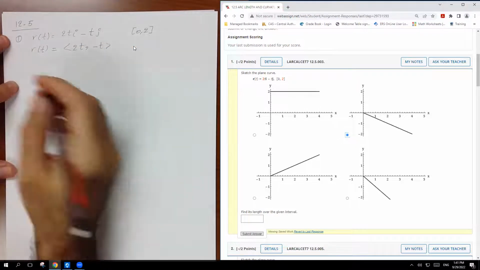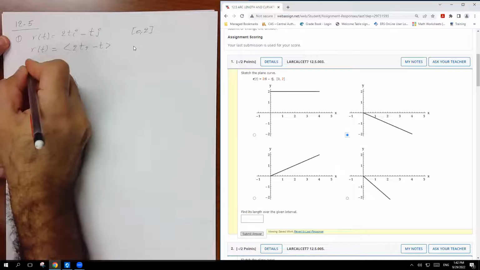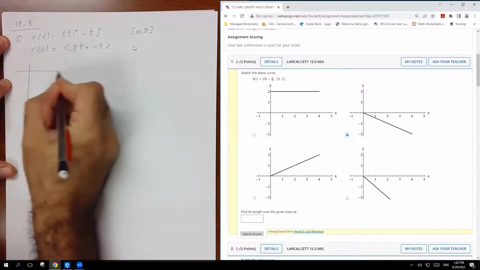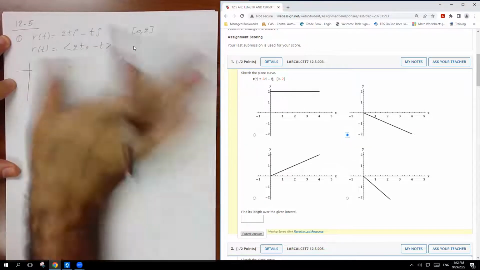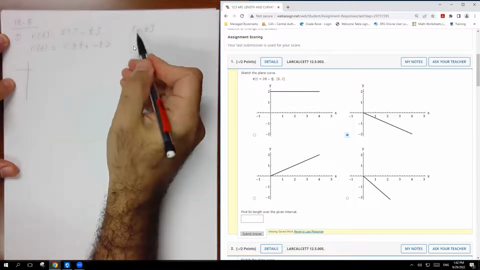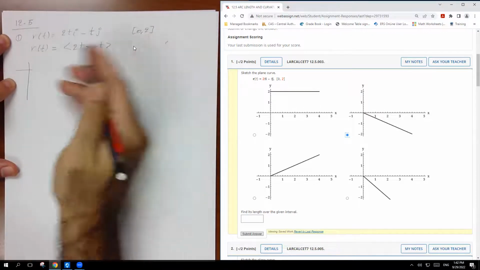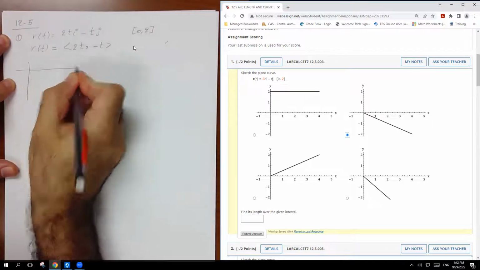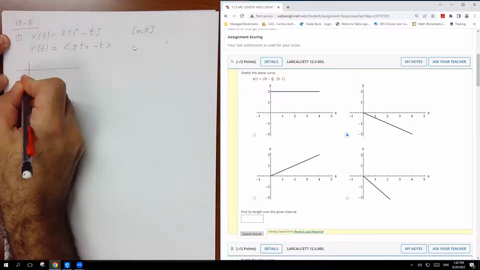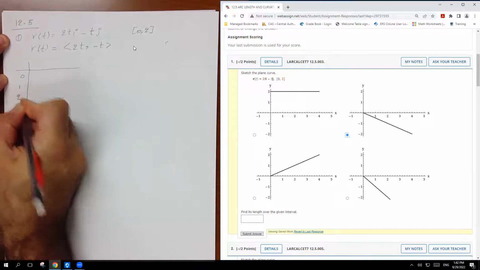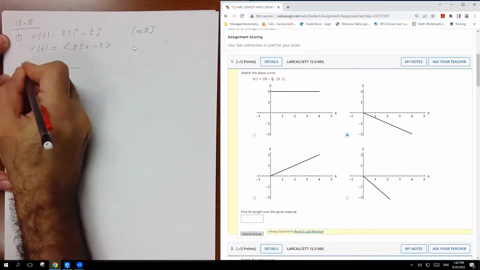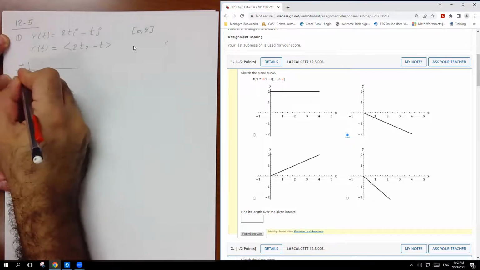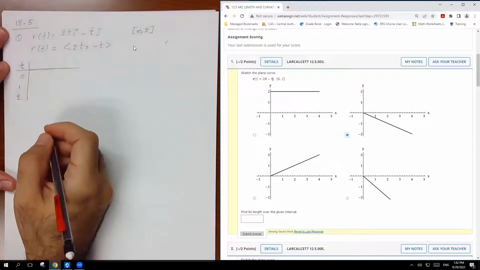Next step, I'm going to create a small table to check how the graph looks, and pick any 3 points between 0 and 2. So I'm going to say 0, 1, 2. That's going to be enough. This is for t, and we need to find the position at these 3 values.